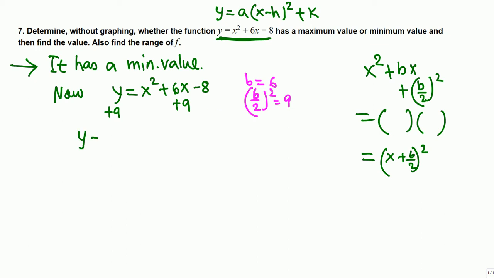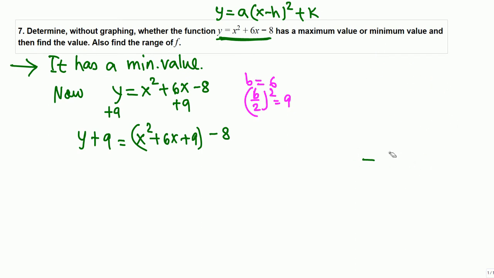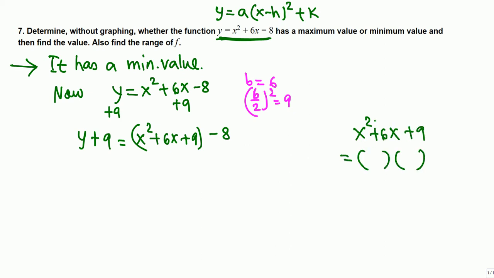So on the left side y plus 9 equals, now we keep these three terms together, x squared plus 6x plus 9, and this should give us a perfect square, minus 8. We factor this and it should come out to be a quantity squared: 3 times 3 is 9, 3 and 3 make 6, so (x plus 3) squared.